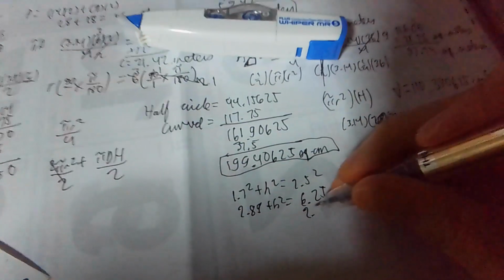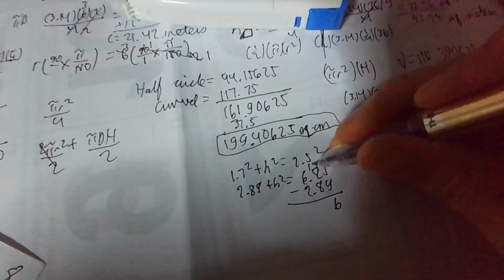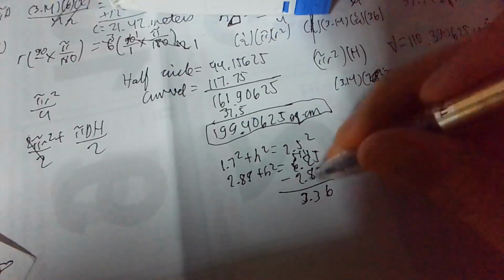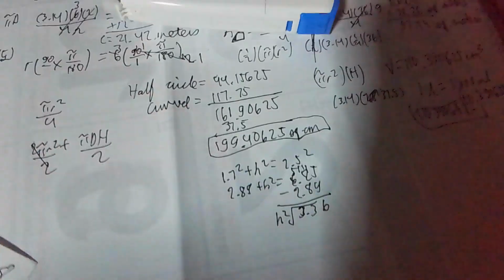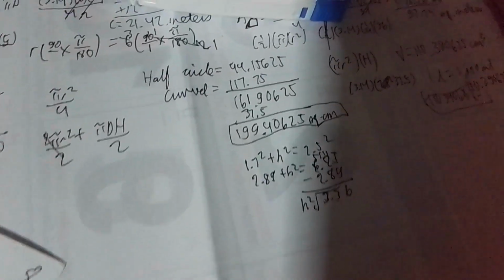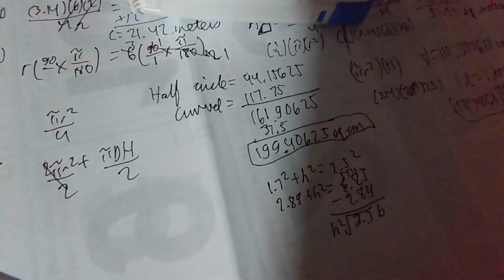Subtract both sides by 2.89, and we should get 3.36. So x squared is equivalent to 3.36. We take the square root of that number, and perhaps I may need my best friend, the calculator, to aid me in this situation.